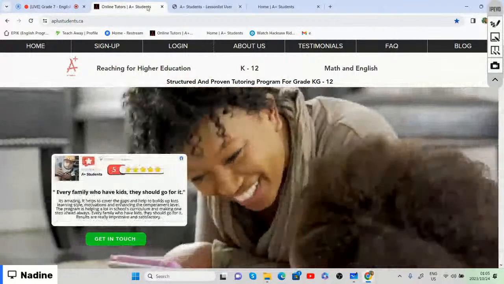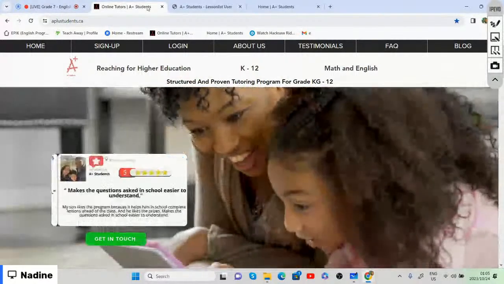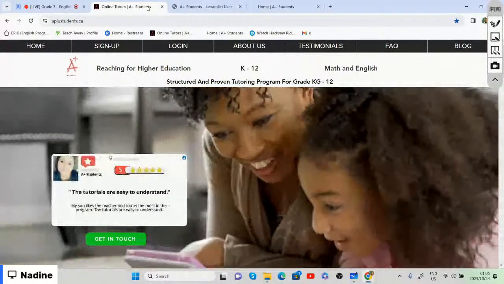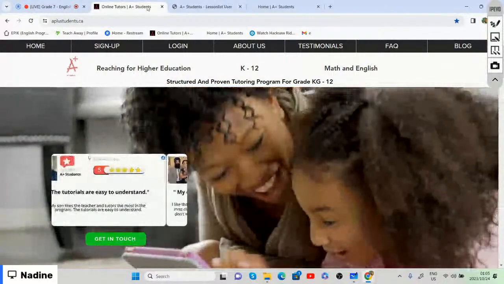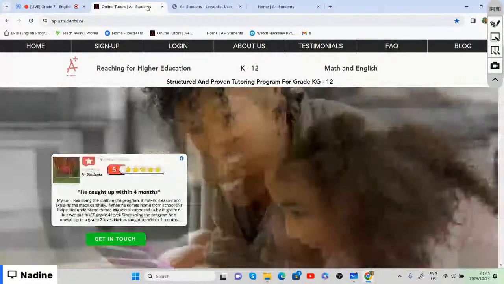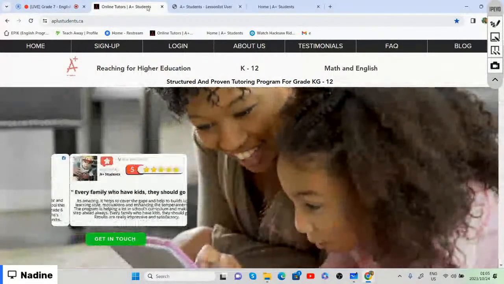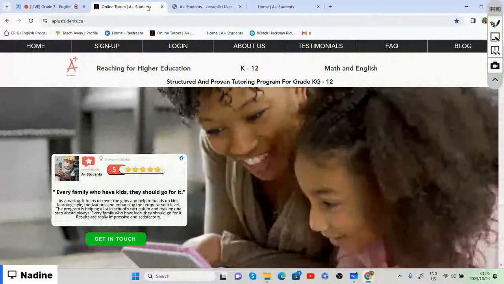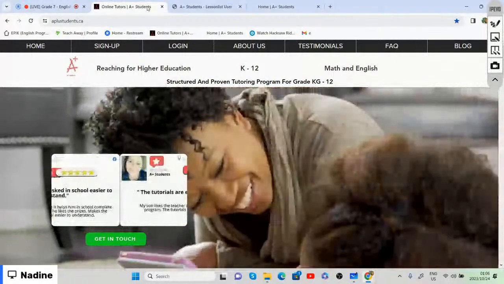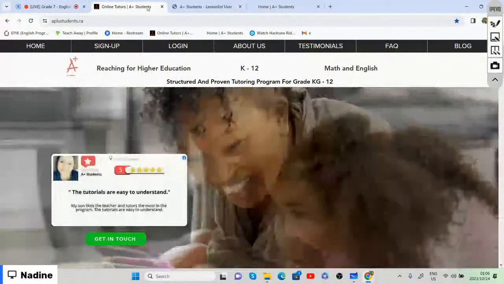All right. Once you've selected the subject of language arts, which is English, we're going to select the grade, which is grade 7, and then the chapter of suffixes.